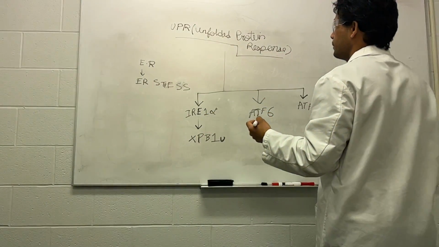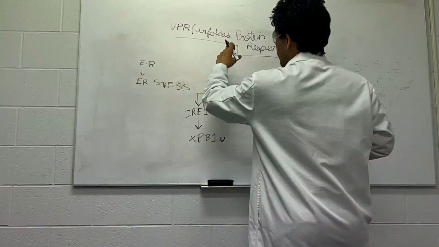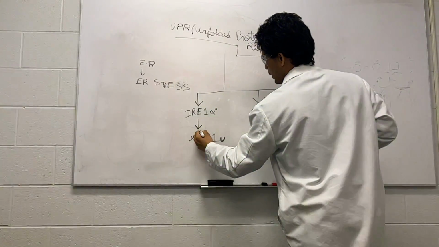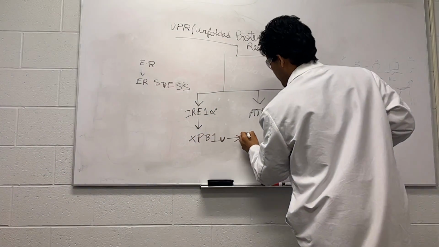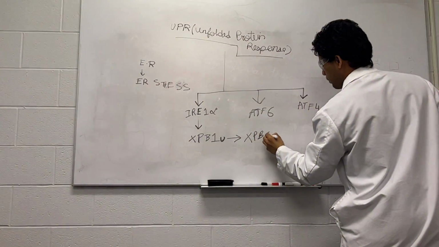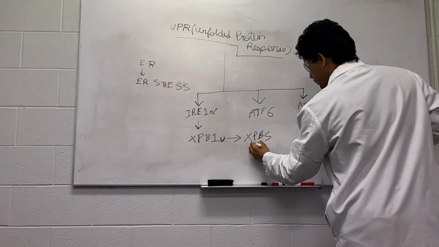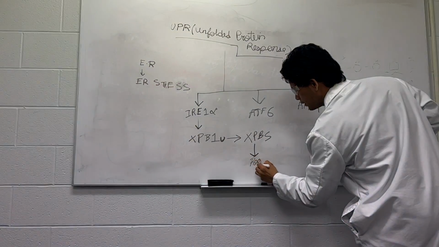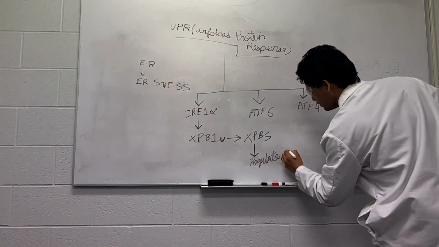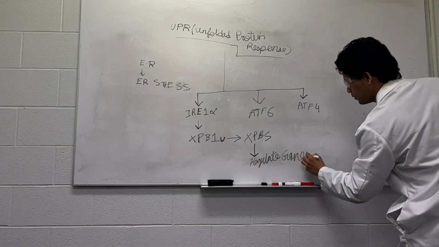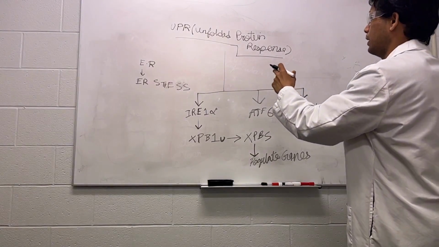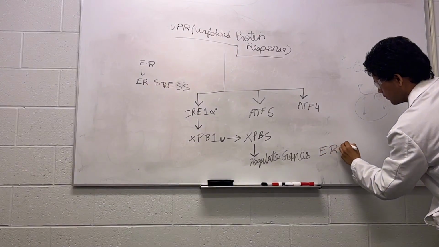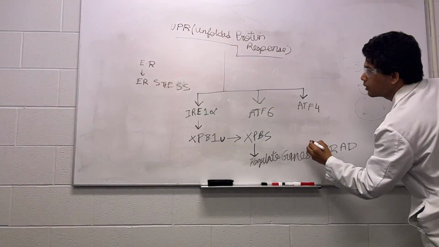With ER stress because of the unfolded protein response, this protein will convert the unspliced form XBP1 to the spliced form, and it will now regulate the genes that are responsible for ERAD and the chaperones.